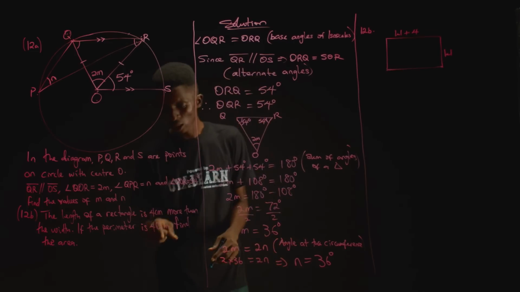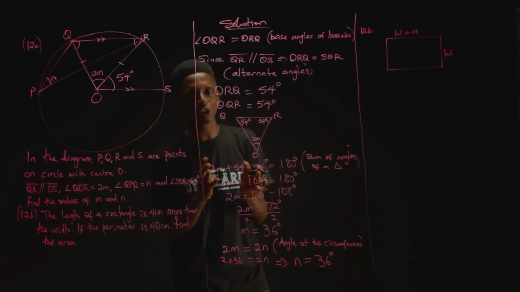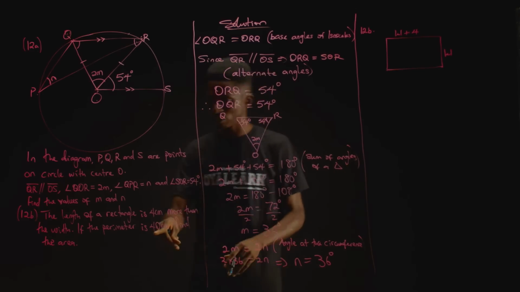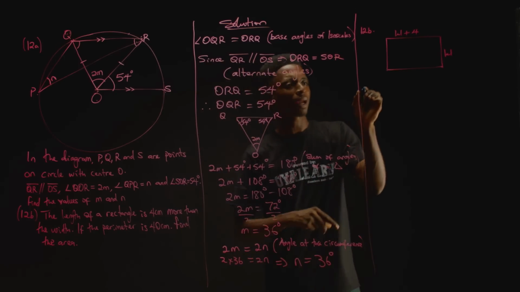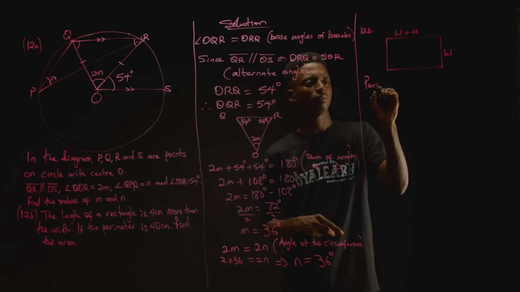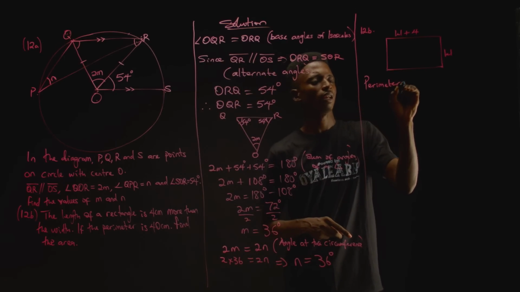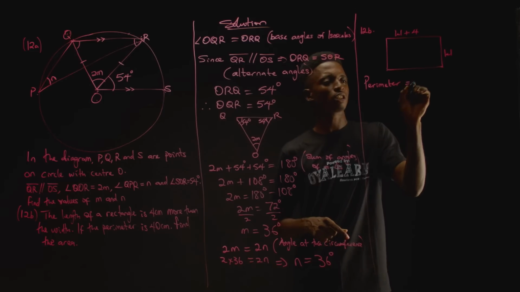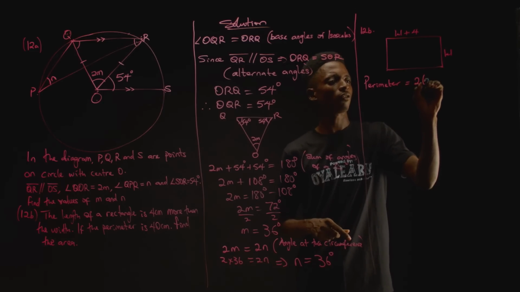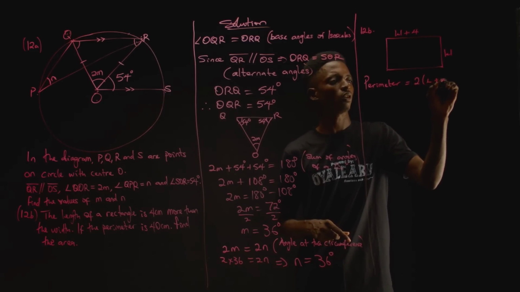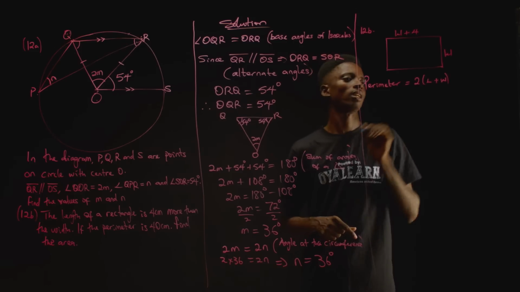So to do this, we will equate the equation for the perimeter of a rectangle to this value we are given. Now, the perimeter of a rectangle is supposed to be twice of length plus width, right?